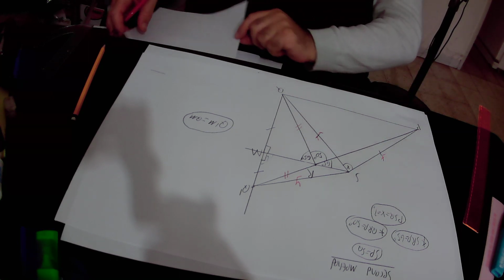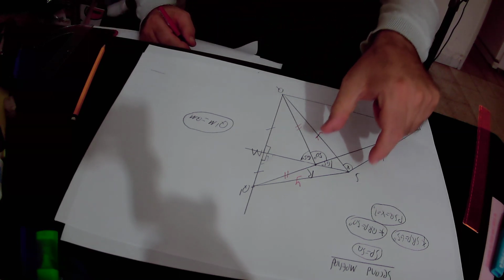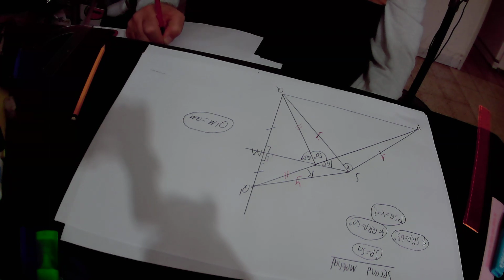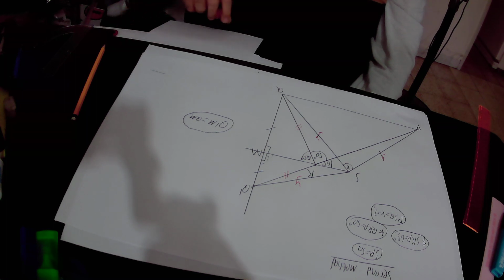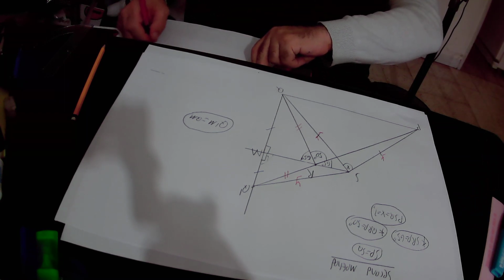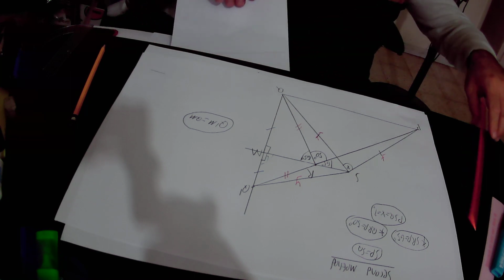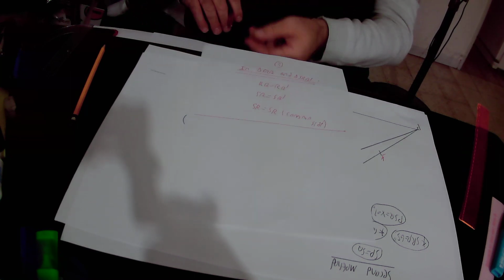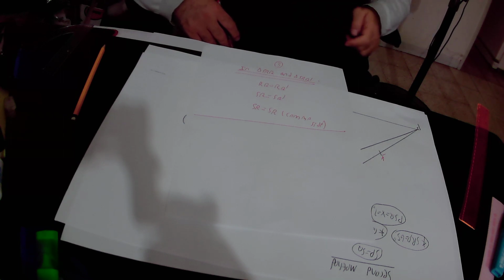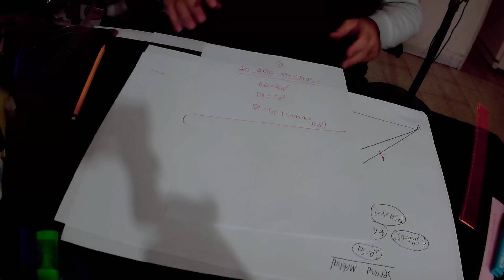That is to say, we can write down that SR equals SR as a common side. So actually we proved that triangle SRQ can go into triangle SRQ dash according to the side rule.